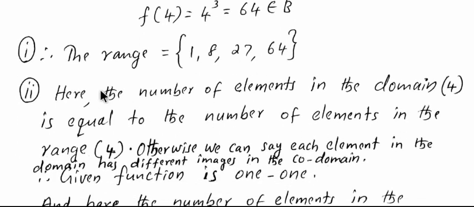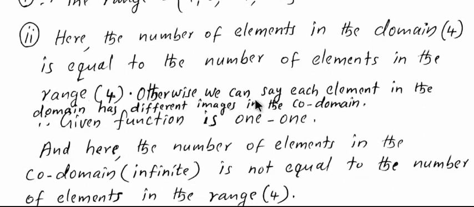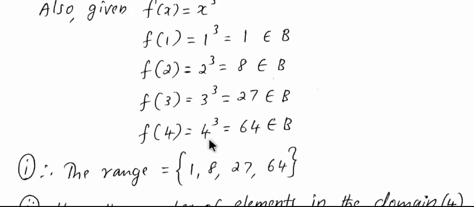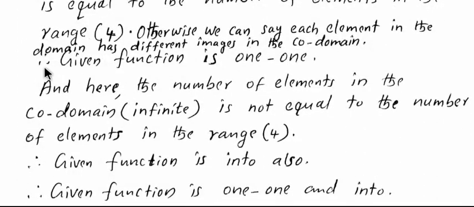Therefore the number of elements in the domain, 4, is equal to the number of elements in the range, 4. Otherwise, we can say each element in the domain has different images in the codomain. Therefore, we can say the given function is one-one function.